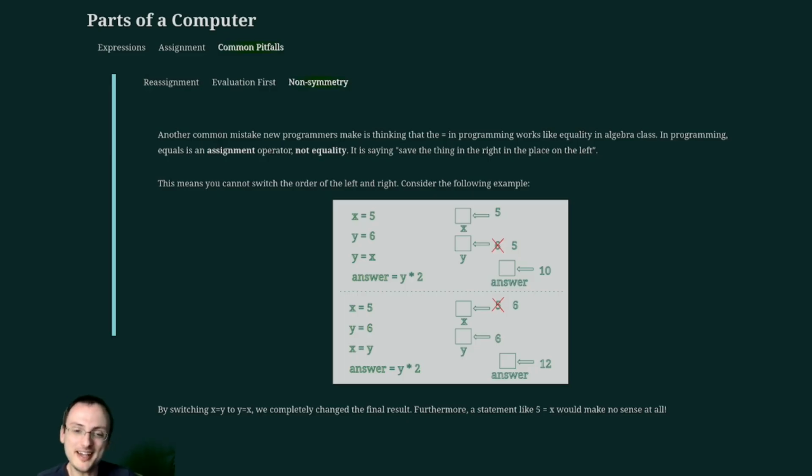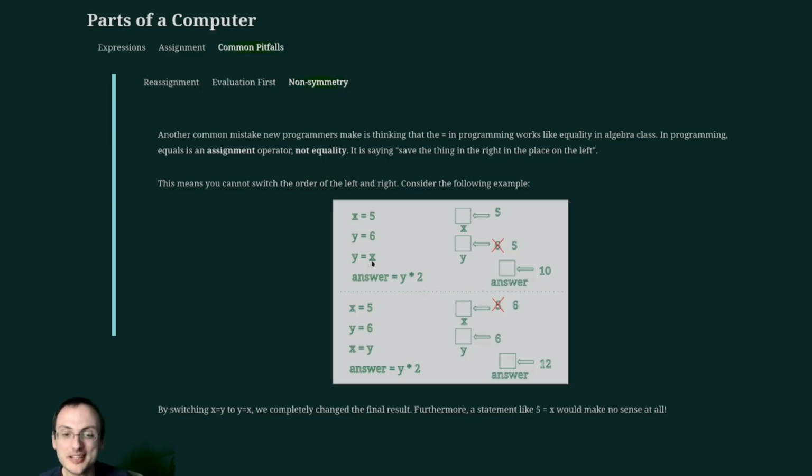So as one last example, say here I've got a program where the first thing I do is x equals 5. So I've got that x box and I save the number 5 into it. And then next I say y equals 6. So now I've got a y box with 6 in it. And then on the next line, I say y equals x. So this is another example of a reassignment.